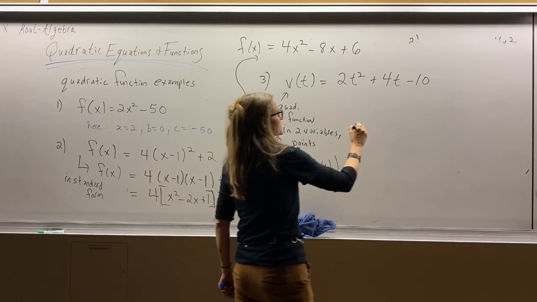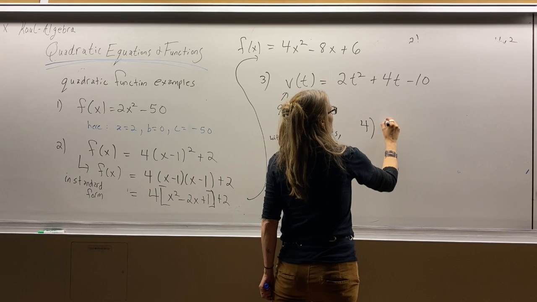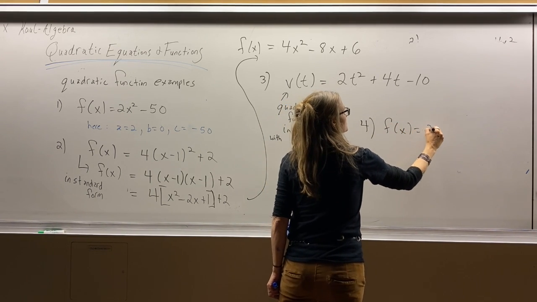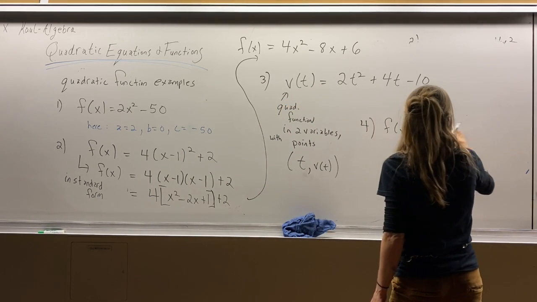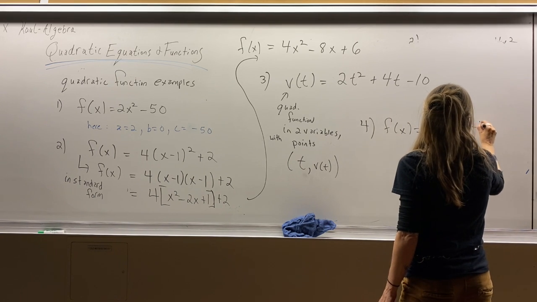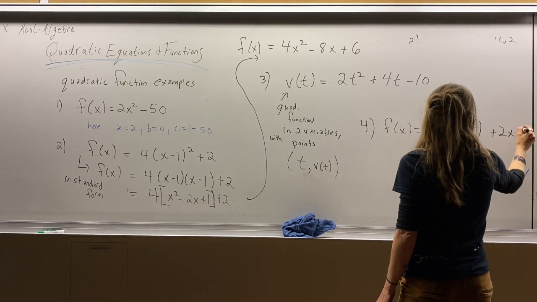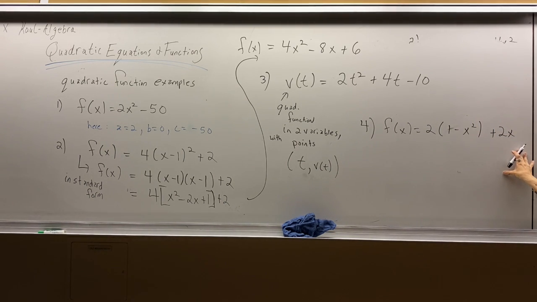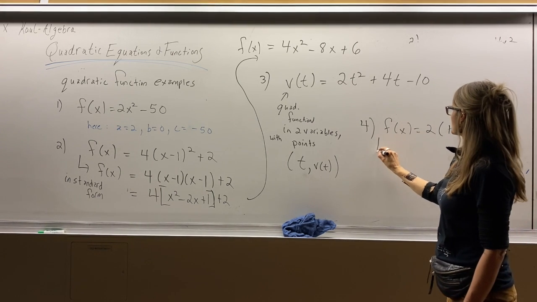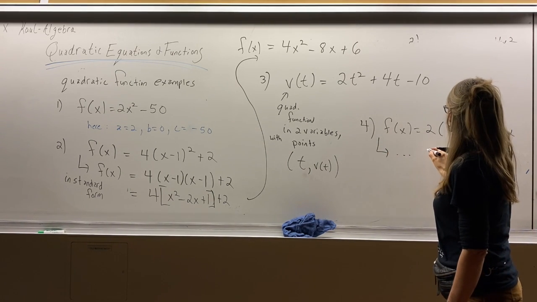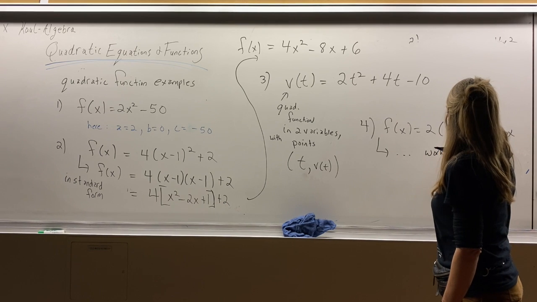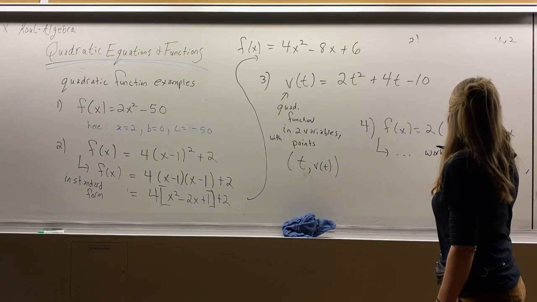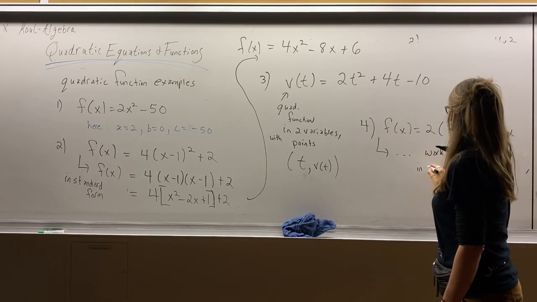And then other ones that come up, you might have f of x equals 2 times 1 minus x squared plus 2x. So there might be a lot of work involved, and obviously this is not in your standard form. So this you work out and get in standard form.